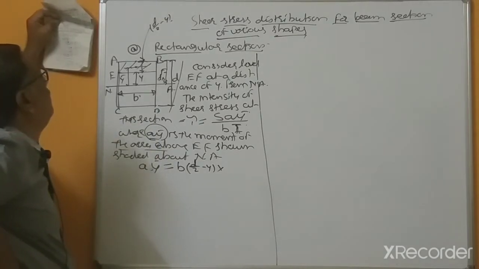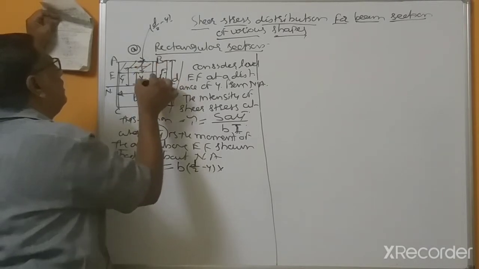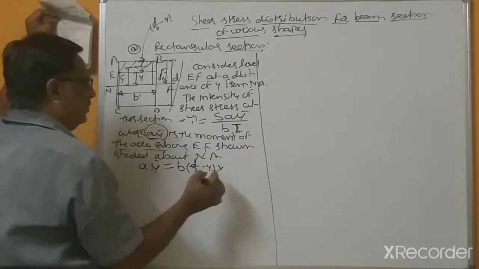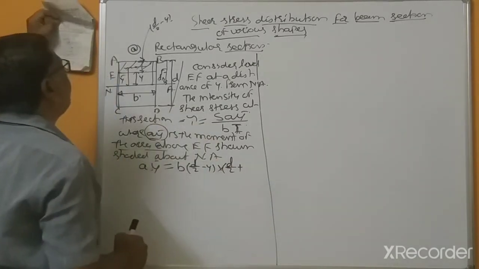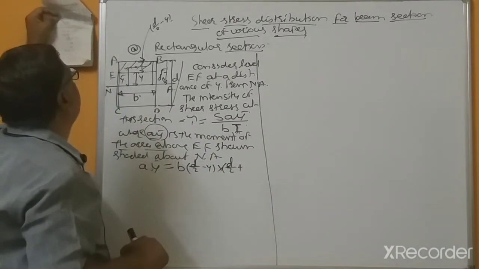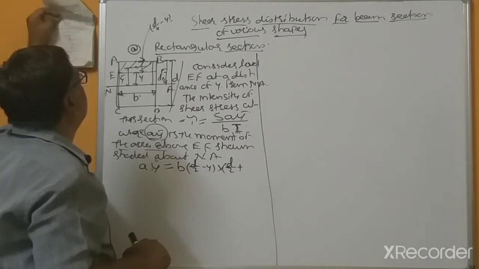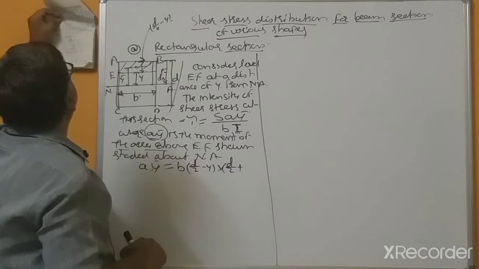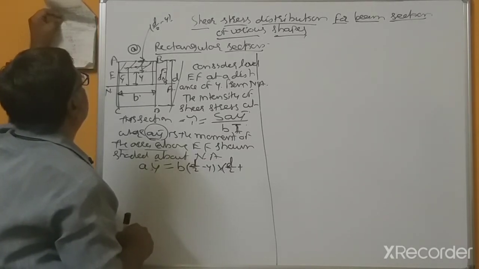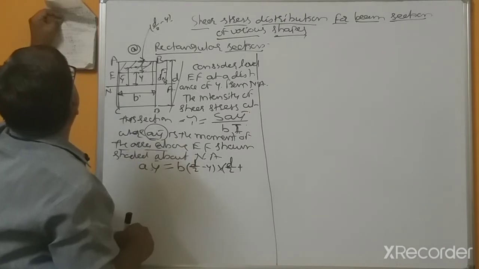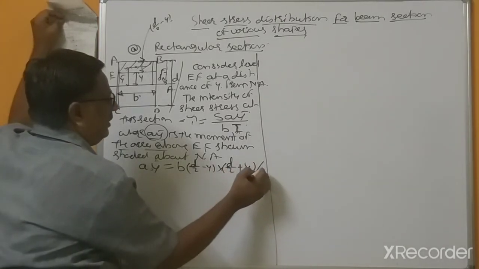So Y bar equal to the average distance, D by 2 plus Y divided by 2.